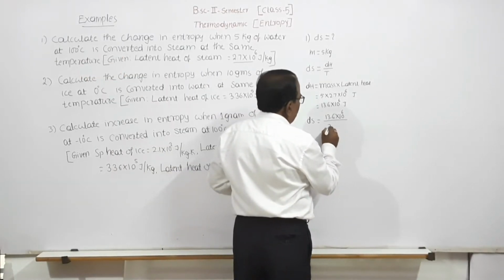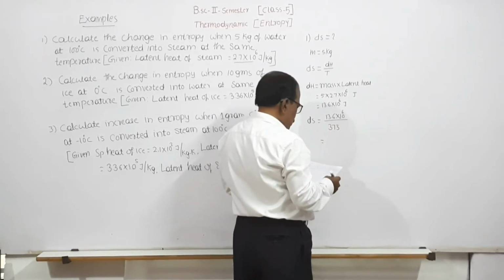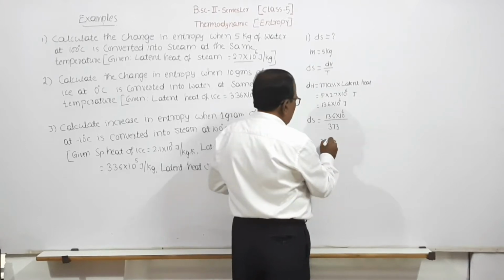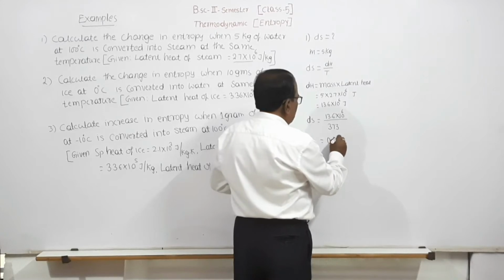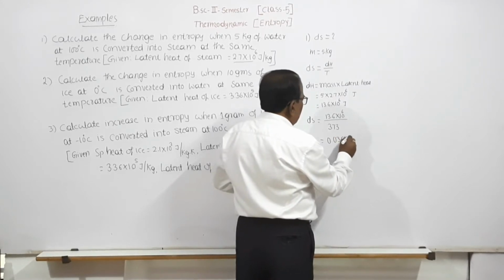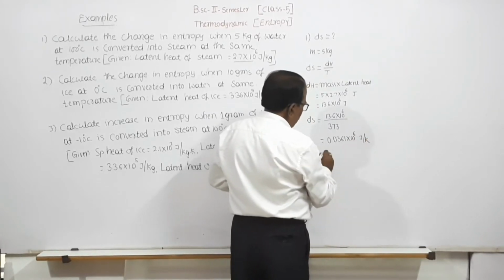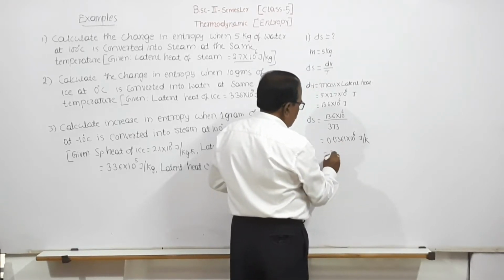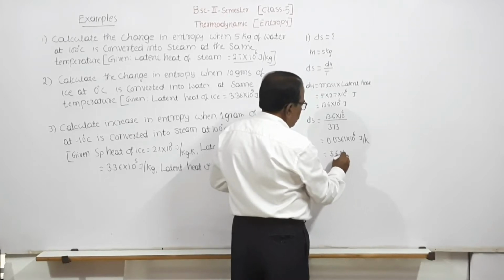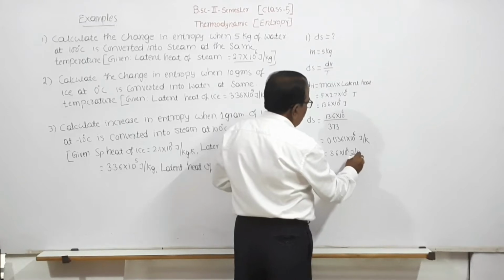So this is 0.0361 into 10 raised to 6 joules per Kelvin, or this is 3.6 into 10 raised to 4 joules per Kelvin.